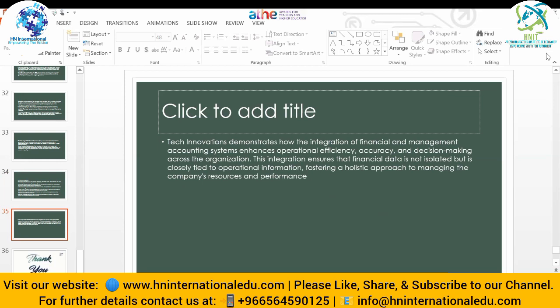What happens is it increases the operational efficiency, that is the day-to-day activity efficiency. Accuracy: your data is accurate, so there is less chance of fraud. Decision-making across the organization. Now, this integration ensures that financial data is not isolated, but it is closely tied to the operational information, fostering a holistic approach to managing the company's resources and performance.